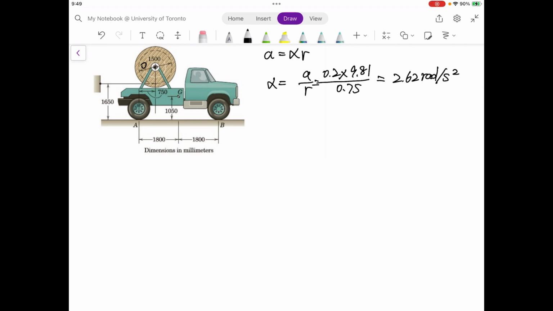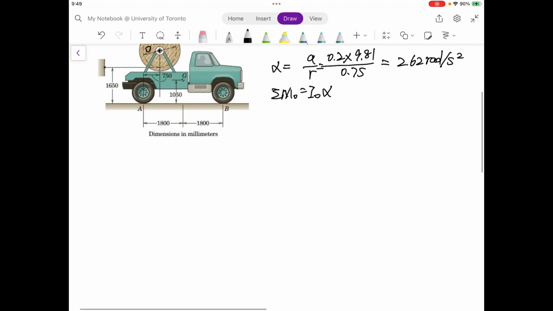If we assume this is our point O, then the sum of moment around the point O is equal to I_O times alpha. Then I is equal to empty spool plus with cable.